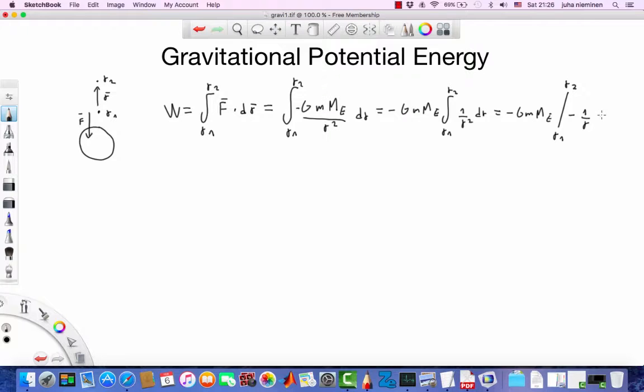So just to check that this is the correct form of the integral. Now let's put in the limits. First of all, these two minuses cancel each other, so we just have G m M_E times 1 over R2 minus 1 over R1.